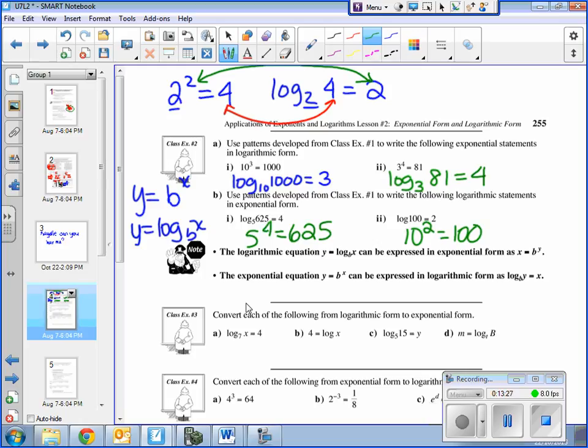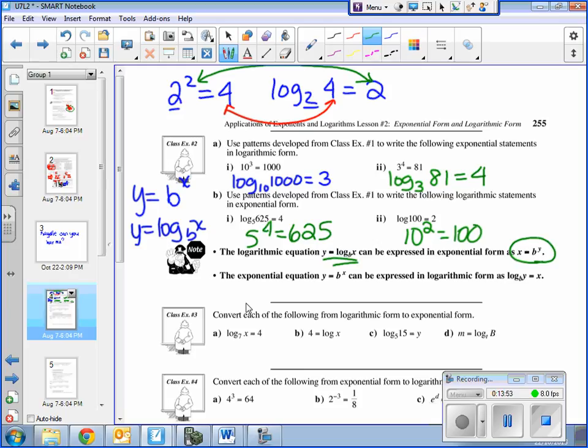A logarithmic equation can be expressed in exponential form as x equals b to the y, because if we have an exponential function, all we're doing is switching your x and your y. So you can also write it like that, but we can't graph that because we don't know what y equals, so that's why we use log. Okay, so this is what we talked about a little bit last unit. Same thing, if you have y equals b to the x, you can express it as log of y base b equals x.